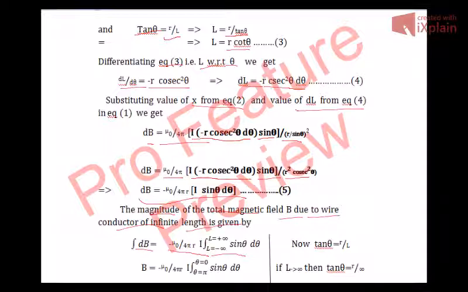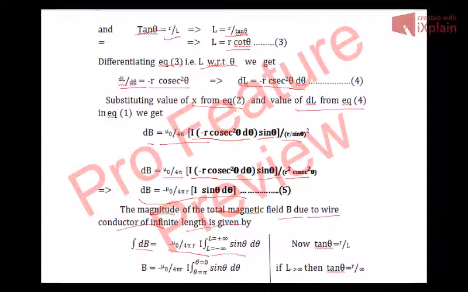We have taken minus mu naught, 4 pi, r and I out of the integral because they are constants. Constant current is flowing in the wire, and pi, mu naught and r are also constant.